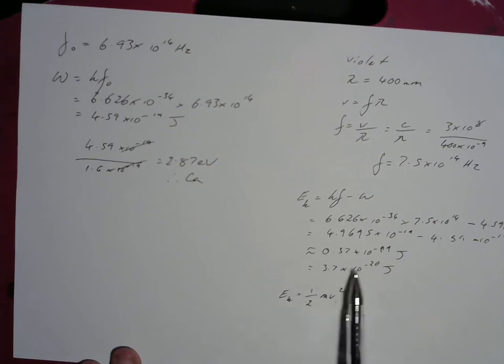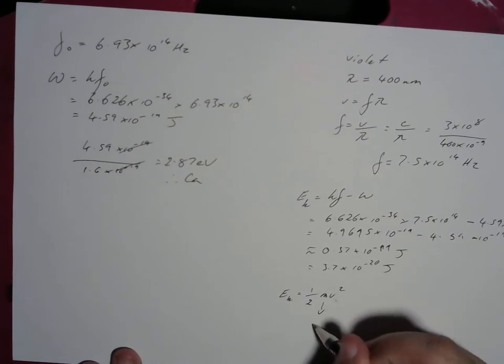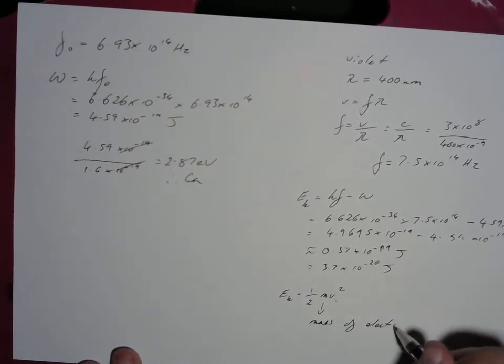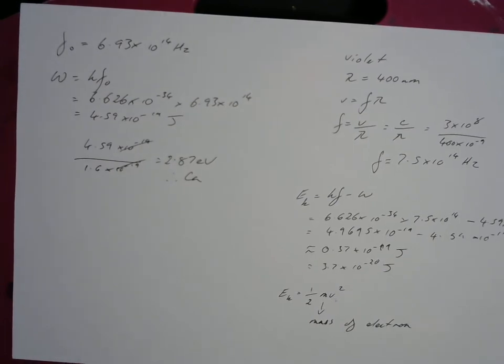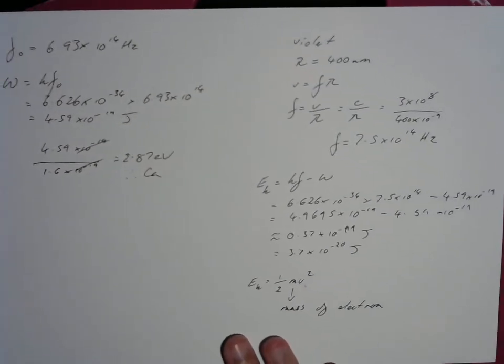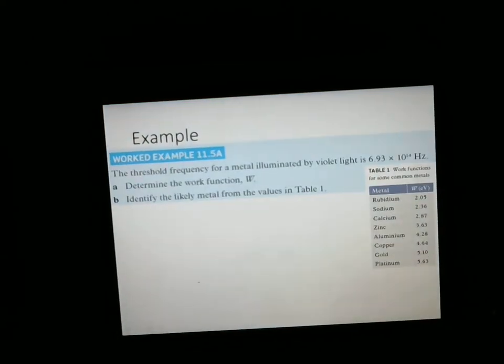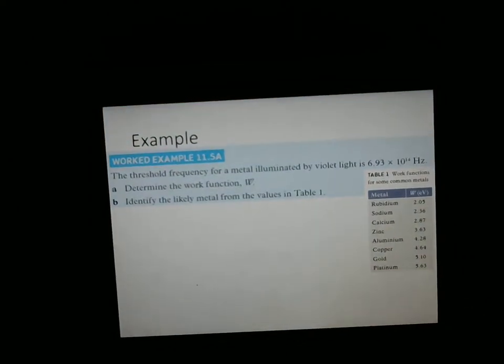And the mass of an electron is a constant that is given to you in your formula booklet. So that could be something that's asked, and the good thing is the next example asks us to demonstrate that. So let's have a look at that question for our next example.